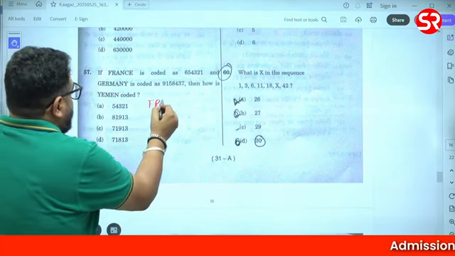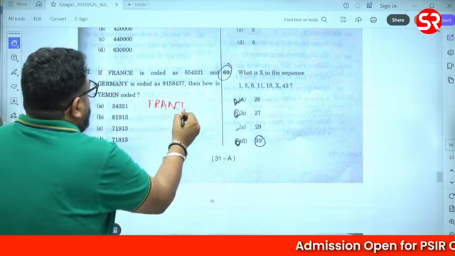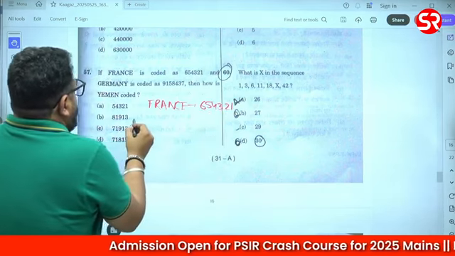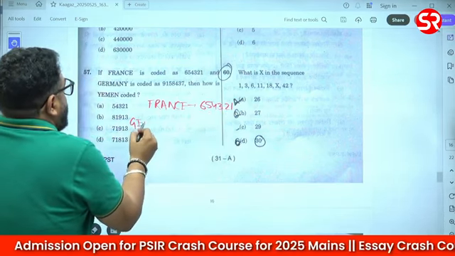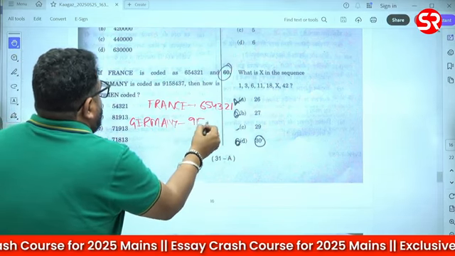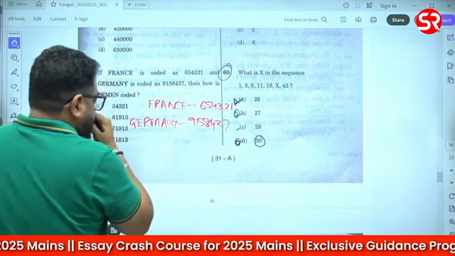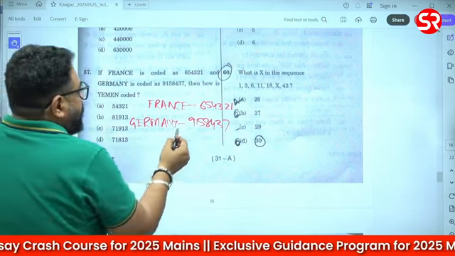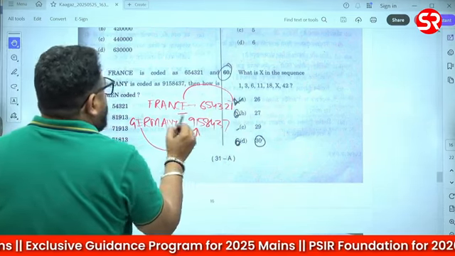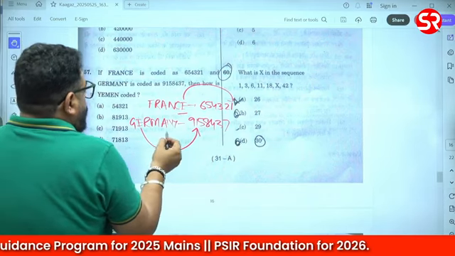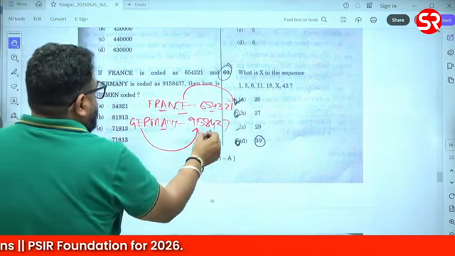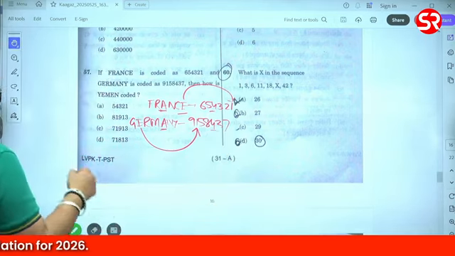France, right? It is 65431, and Germany was 9158437, right? See for yourself, E is 1 and E is 1, it is going directly. And A is in both, A here is 4 and A here is also 4, which means direct notation.